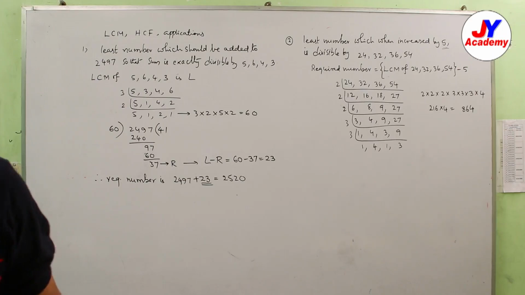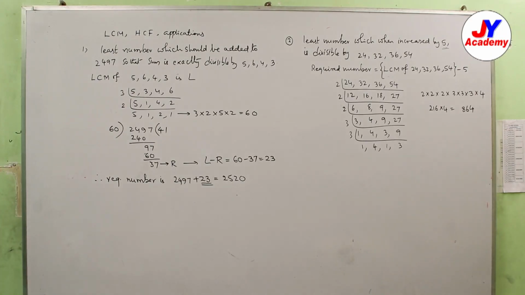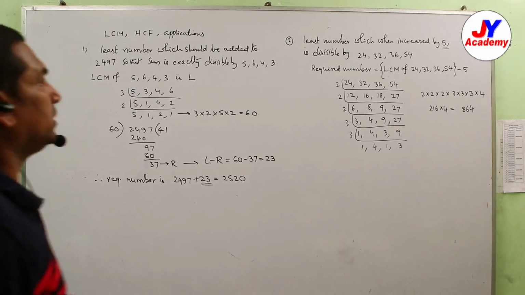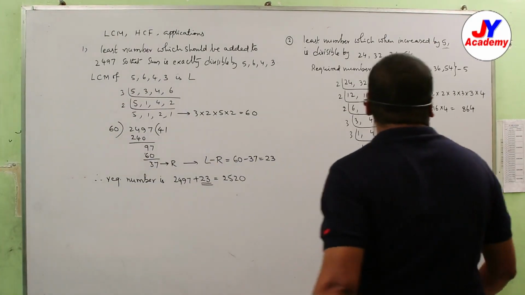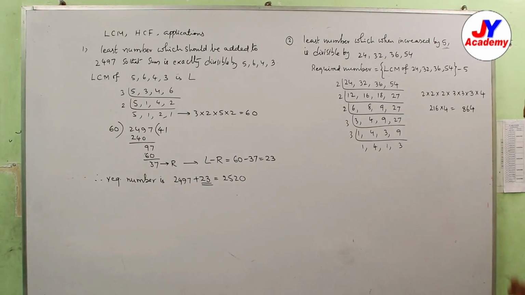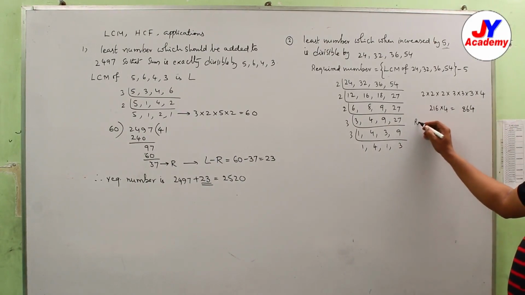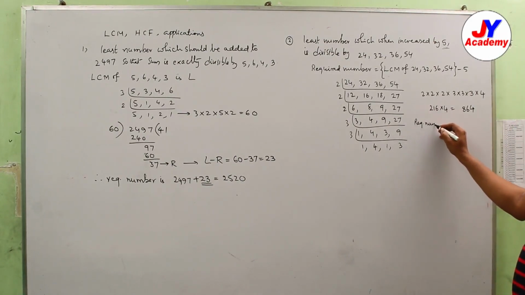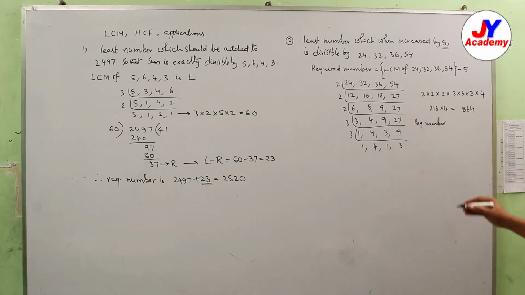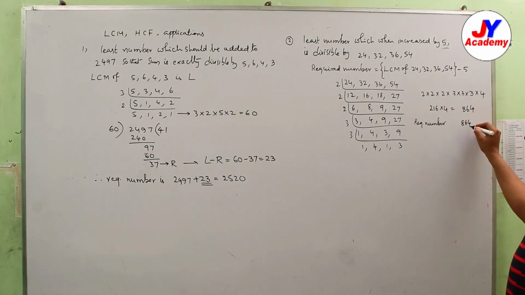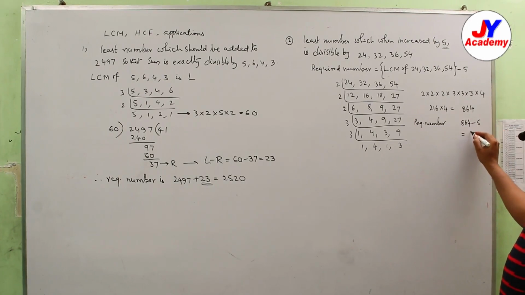Now what least number, which when increased by 5? So the required number is 864 minus 5, that is 859.